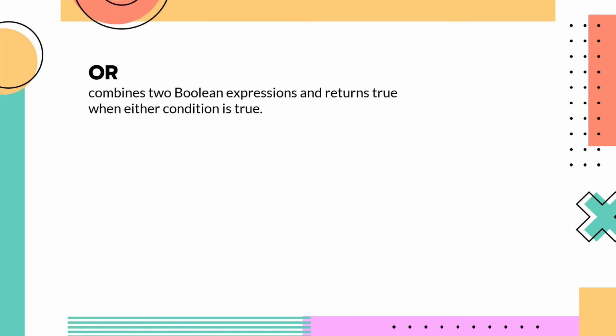And the next operator is the OR operator. The OR operator combines two Boolean expressions and returns true when either condition is true. And this image shows the syntax of the OR operator, Boolean expression 1, OR, and then Boolean expression 2.